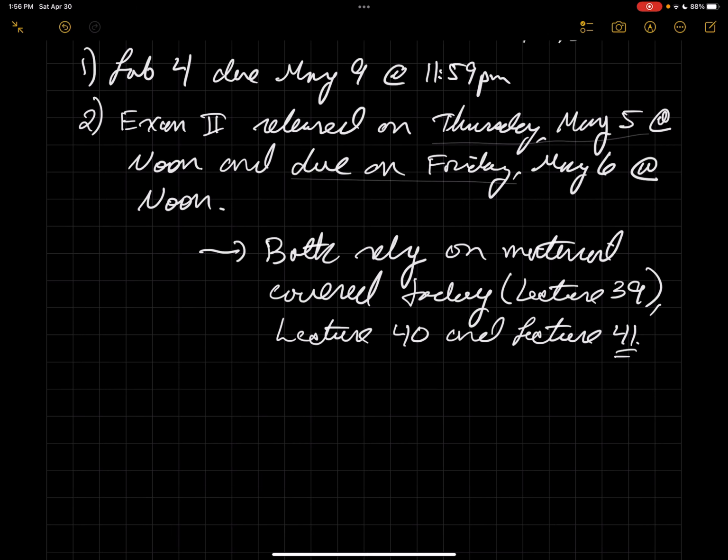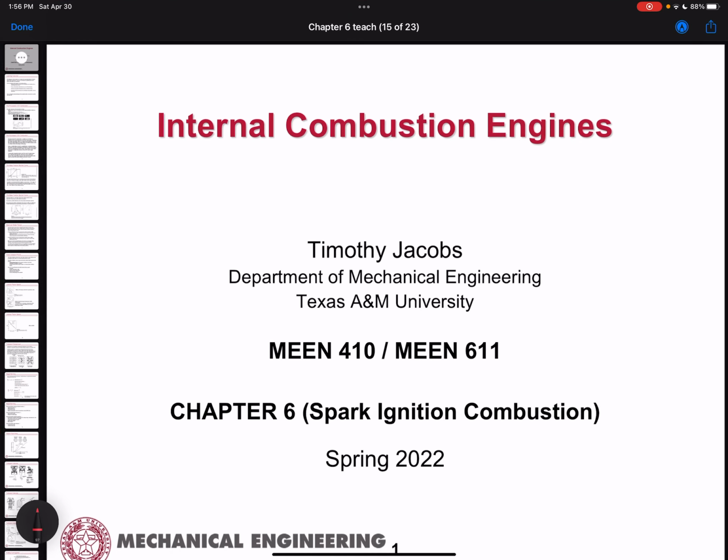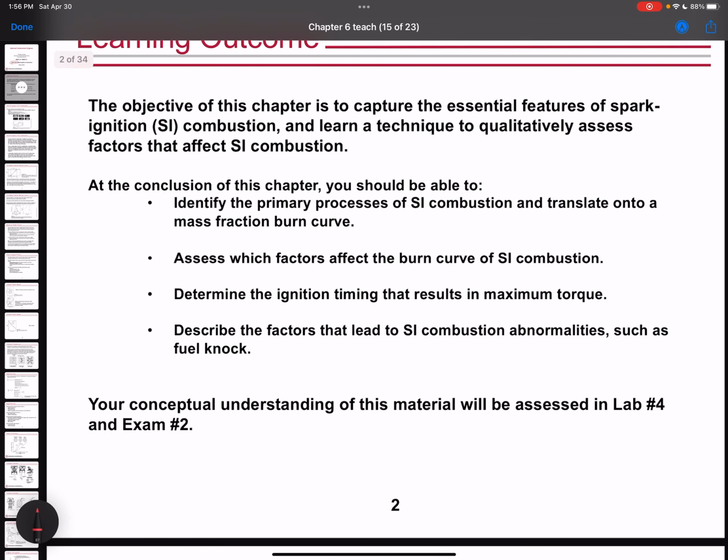Okay, so we correspondingly started our chapter on spark ignition combustion. And so this is chapter 6 material. And basically, one of the things that we highlighted was the fact that this, of course, is now peeling back the next layer of the onion, where if you think about the fact that we developed back in chapter 3 this heat engine analysis that, as we've already discussed, was inaccurate because we didn't include combustion, which is a reality of internal combustion engines.